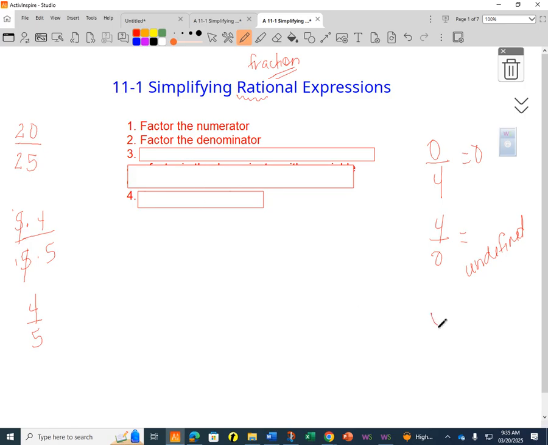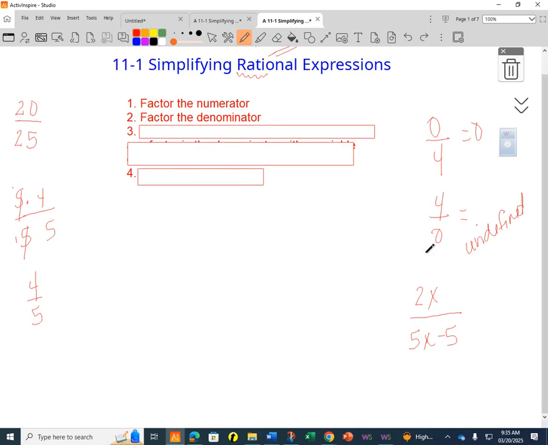So let's say 2x over... all right, this is a rational expression, an algebraic expression, a fraction. If we factor the numerator, we're going to have the same numerator. There's nothing to factor out of that. That's already factored. That's 2 times x, right? If we factor the denominator, what do these two terms have in common?